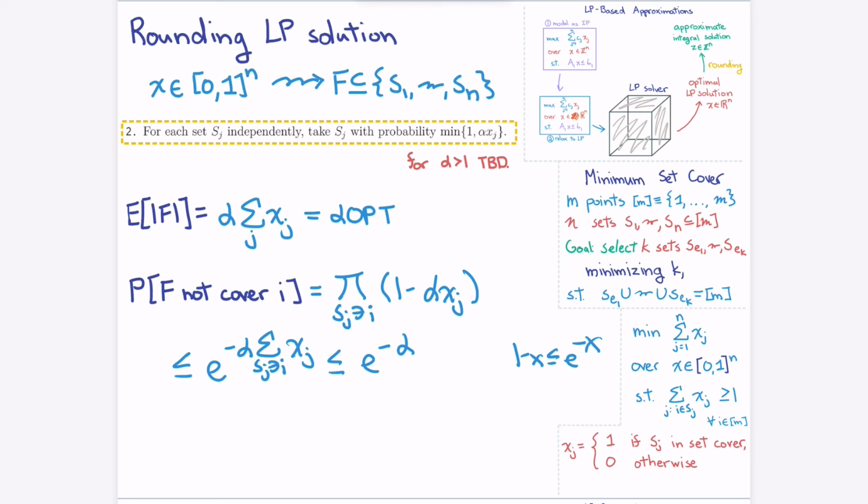So 10 becomes e to the negative 10. 100 becomes e to the negative 100. So it's a favorable trade-off. If I wanted this to be at most 1 over, say, m squared, where m is the number of points, what should I set alpha to be?